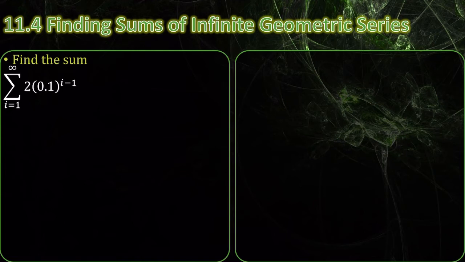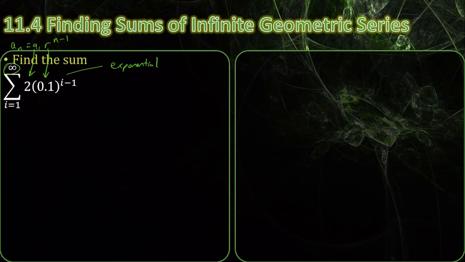Well, first of all, how do we know it's geometric? We know it's geometric because it is exponential. The variable is in the exponent. We compare this to a(n) equals a1 times r to the n minus 1. You can see a1 is 2 and r is 0.1.